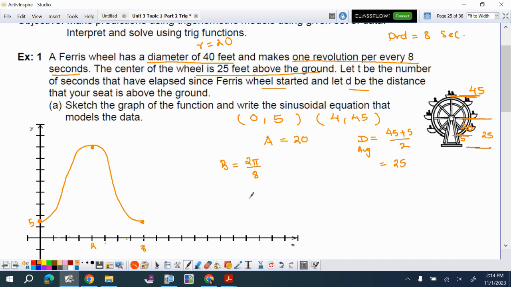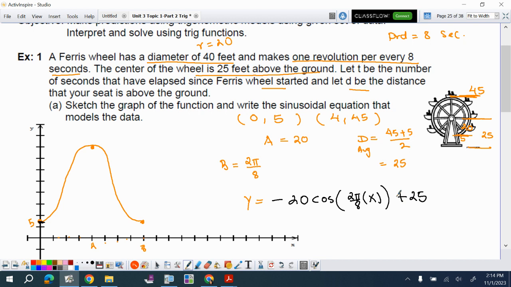So the easiest equation in this case is negative cosine. Negative 20 cosine 2 pi over 8 x with a 0 shift and plus 25. This would be your equation.